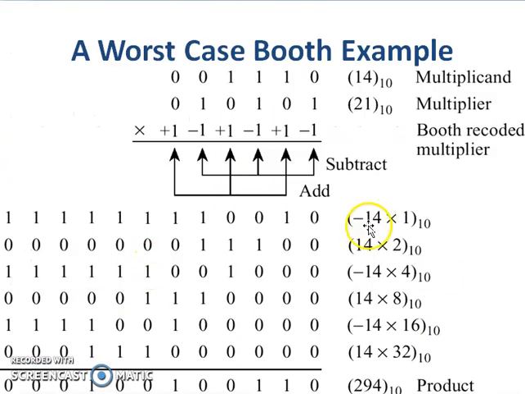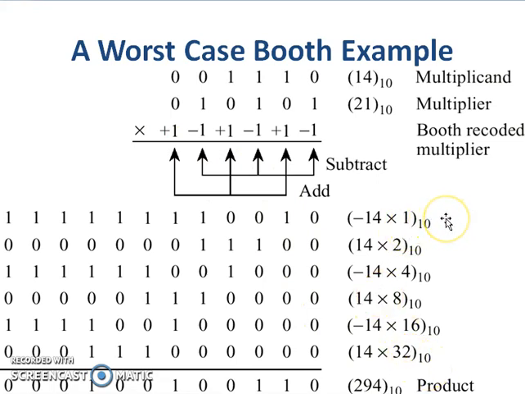So here I just wrote -14 times 1 times 2 raised to 0. Then second, +1, so 14 times 2 raised to 1. Then next -1 times the multiplicand 14 times 2 raised to 2. Then next +1, so 14 times 2 raised to 3. Then next -1, so -14 times 2 raised to 4. Then last +1, that is 14 times 2 raised to 5.